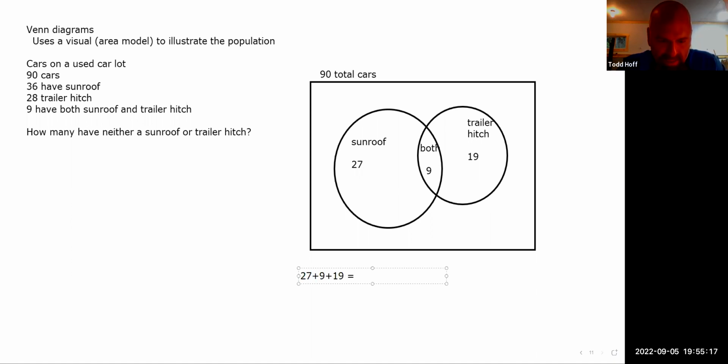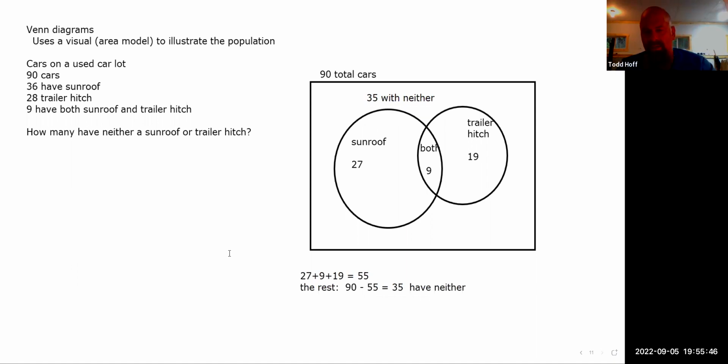That adds up to 55. So that means the rest, 90 minus 55, or 35, have neither the sunroof nor the trailer hitch. So that's how many are left outside the circles here. There are 35 with neither.